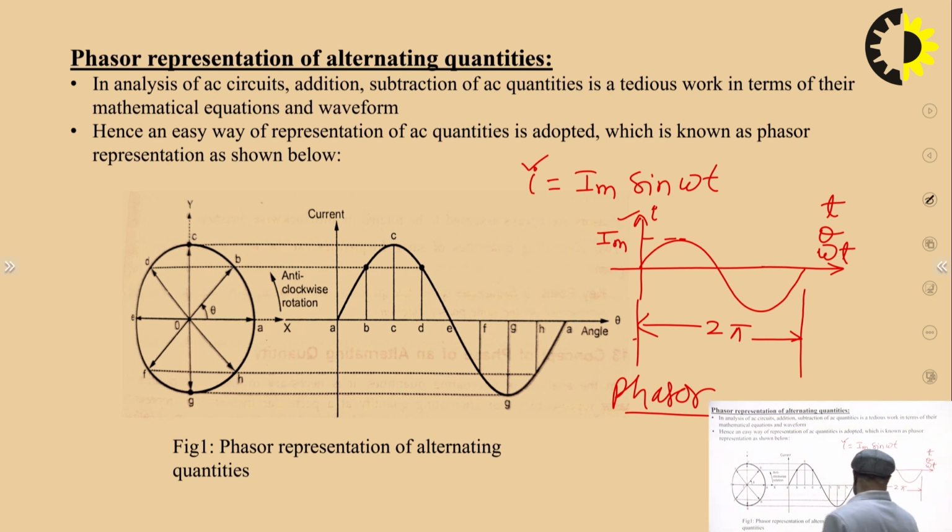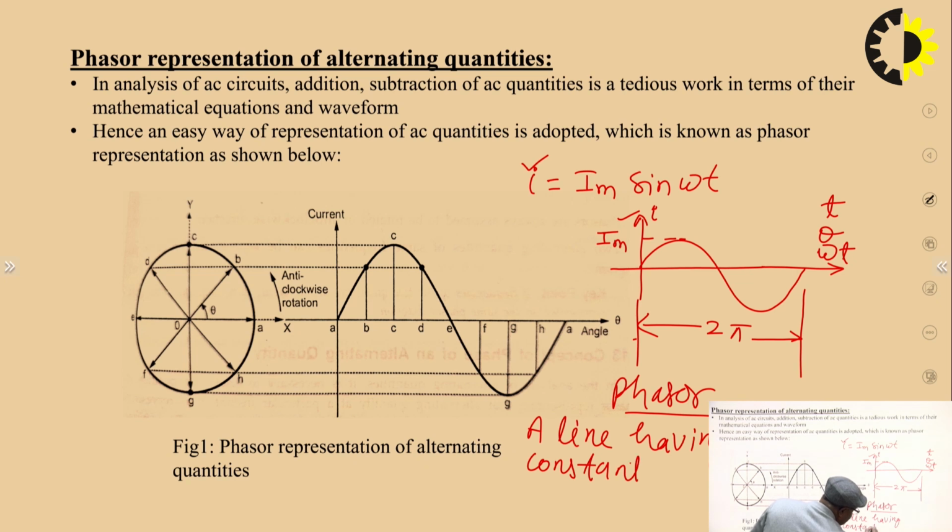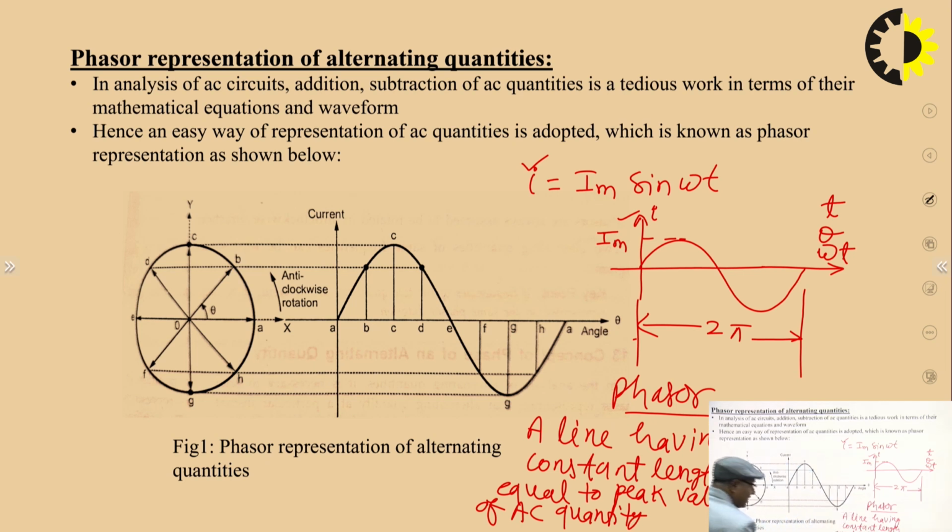A phasor is defined as a line having constant length equal to the peak value of the AC quantity and rotating continuously in the anti-clockwise direction.